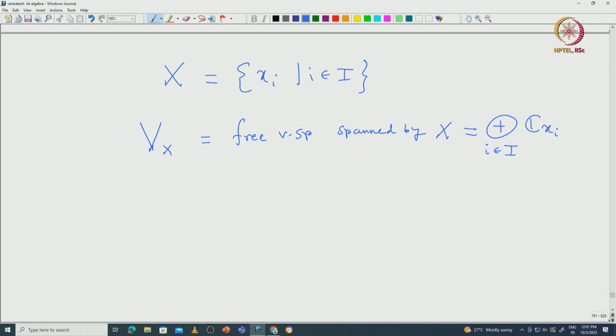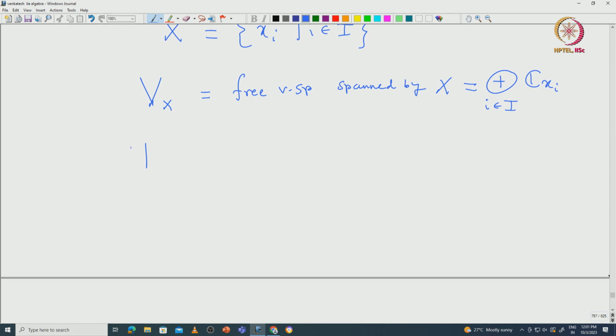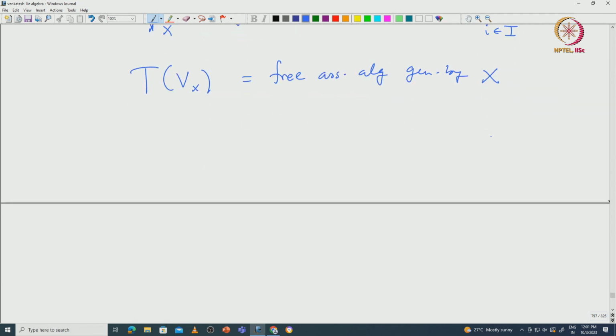So if we construct this free vector space, then you can take the tensor algebra corresponding to that. That is the free associative algebra generated by this capital X. Now note that if you have a free associative algebra generated by capital X, then it is expected to have the following universal property.